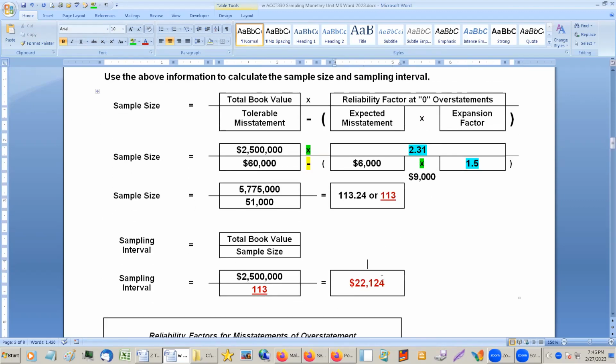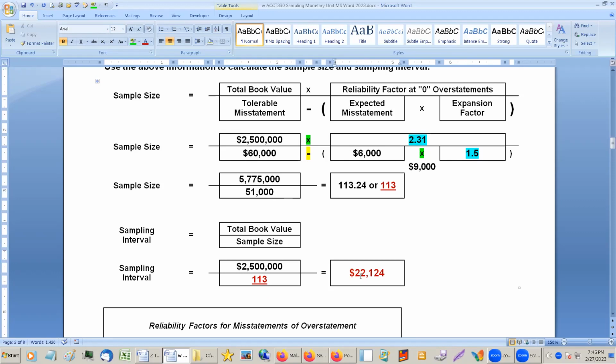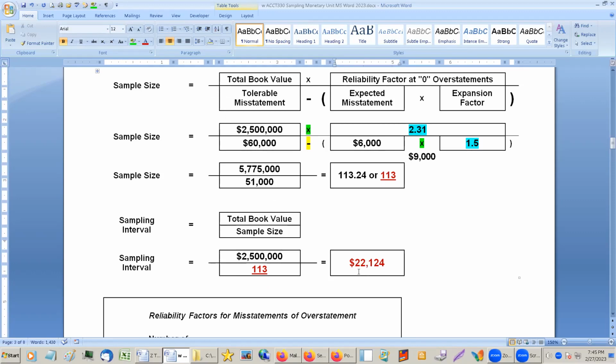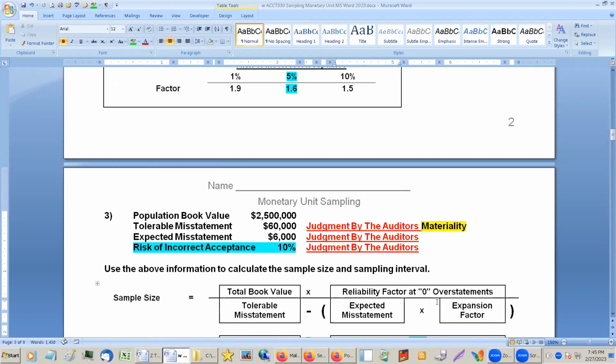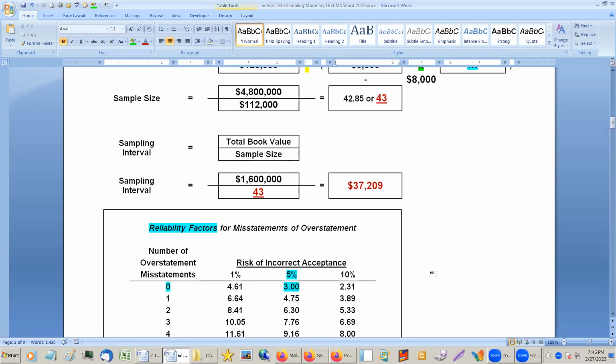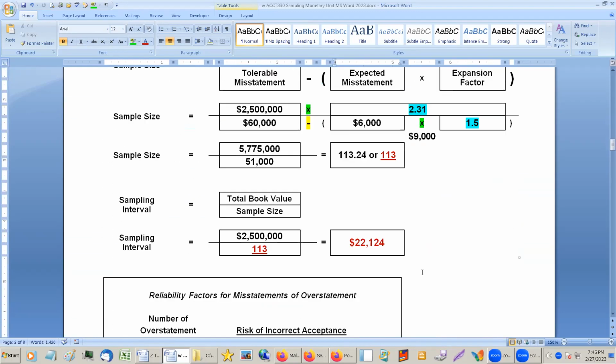And again, there's a real beauty to this, in that it's going to pick the items for us. We don't have to get out a random number table or anything like that. Also, I don't think I mentioned this: not only if they get an item bigger than the interval is it going to be picked, but also larger items in general are going to be picked, even if it isn't as big as the interval.